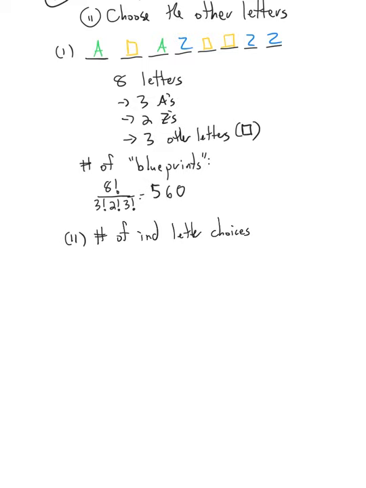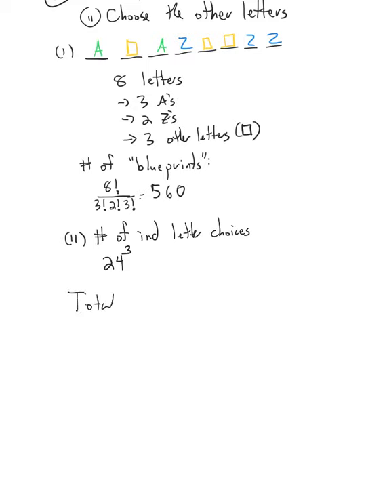So we don't care about those. But for the squares, each square, we can choose any letter that isn't an A or a Z. So there is 24 letters left, and I need to make that choice of 24 3 times. So 24 cubed different individual letter choices.